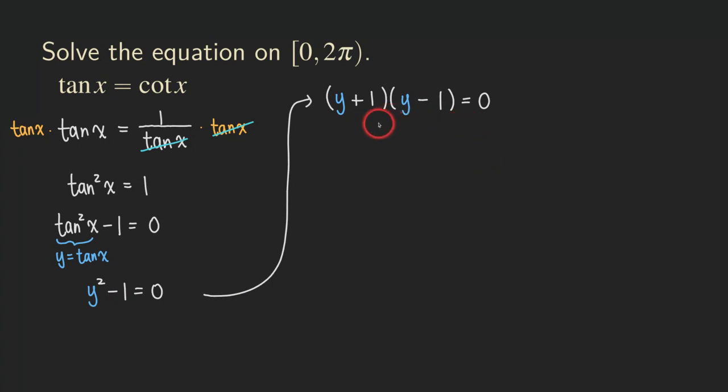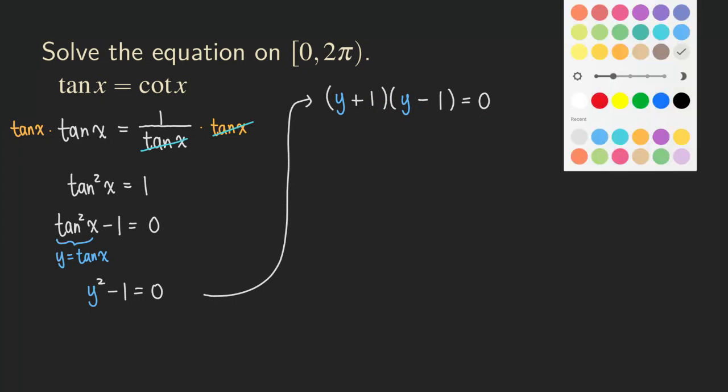Based on the zero product property, because we have two numbers that multiply to get 0, one of the numbers must be 0. So we say that y plus 1 is equal to 0 or y minus 1 is equal to 0.